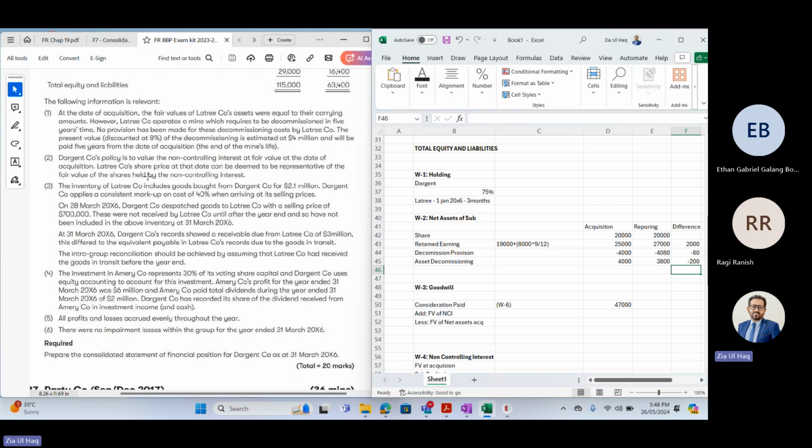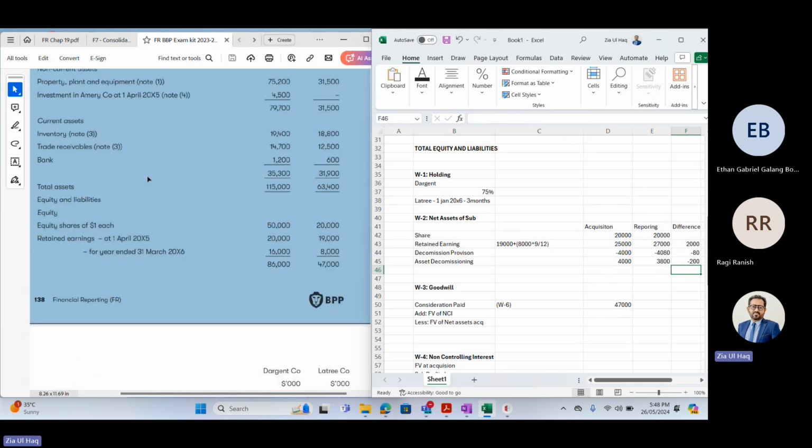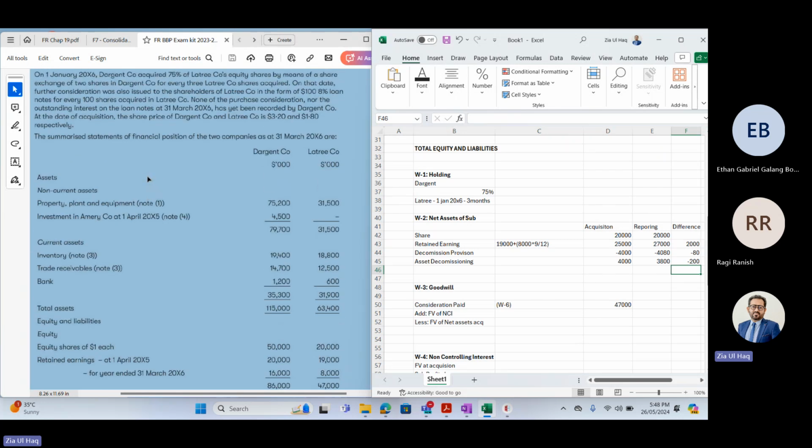Fair value will be calculated as number of shares of non-controlling interest into fair value factors, and the fair value factor was given in the question. That was 1.80. So out of 20,000, how many shares of non-controlling interest? 25%, that is 5,000. So 5,000 into 1.80, we can calculate this figure.